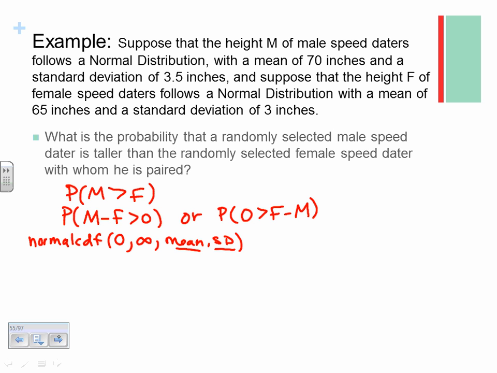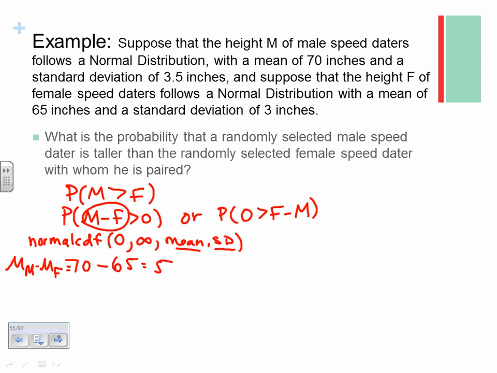So I need to find what those are for the event m minus f. All right, well, the mean's not too bad. You just subtract. So the mean of the male minus the mean of the female is 70 minus 65, which is 5.